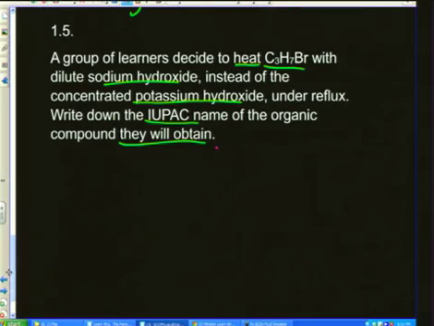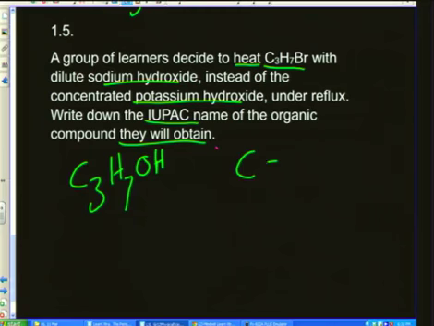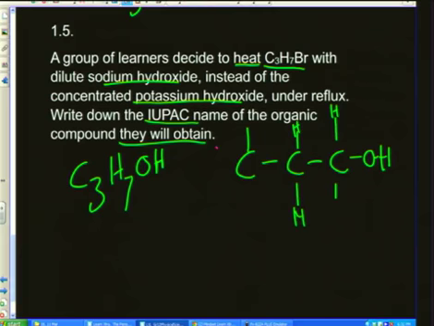So over here let's just draw the molecular formula, C3H7OH. Now if we want to get the IUPAC name of that, draw the structure out. We've drawn it a couple of times already, and you'll see that it's not too difficult to get that.